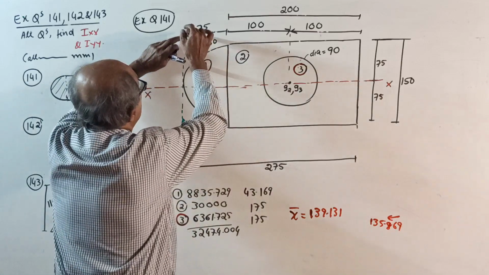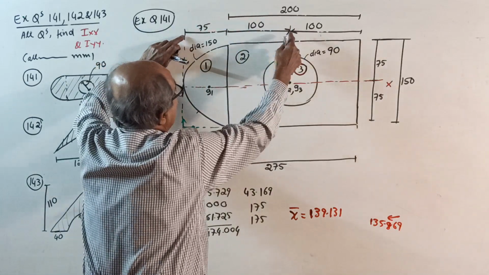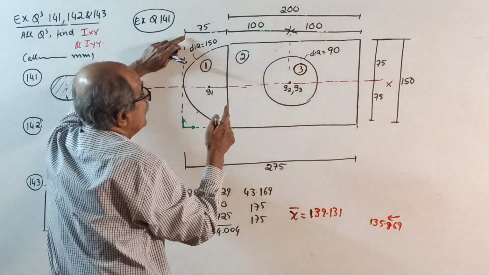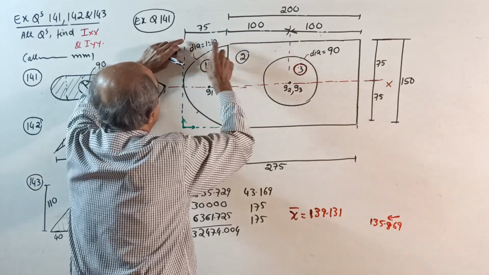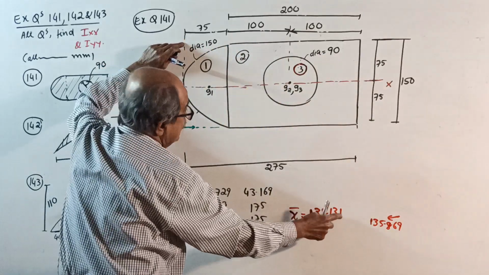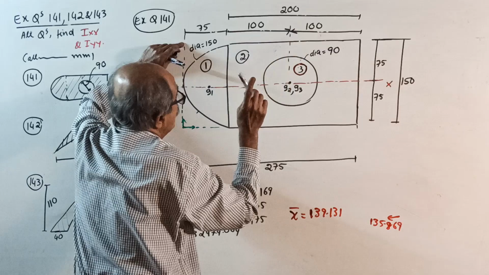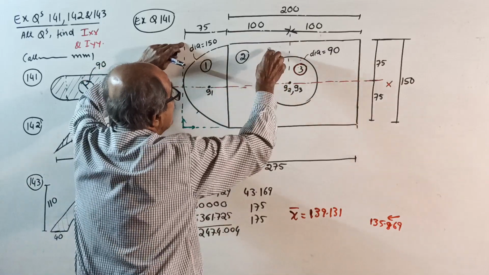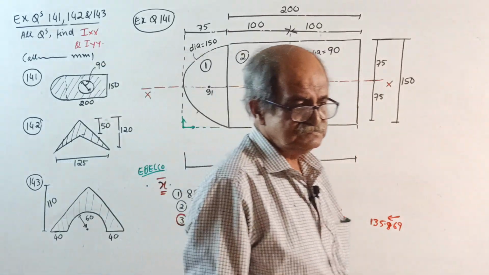139.131 means here 75 plus 100, total 175. So before that, one more important point. Will it come before this? See, 139 means it will not come up to here, because there is 175. But one more doubt comes. Will it cut the circle or come outside the circle? How to check it?